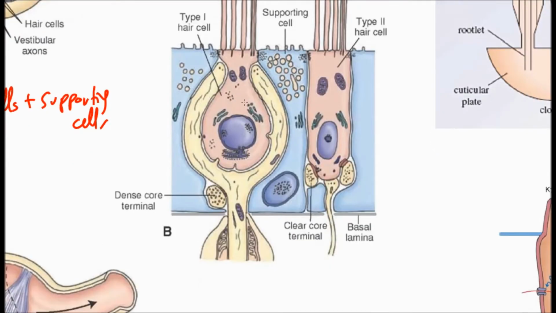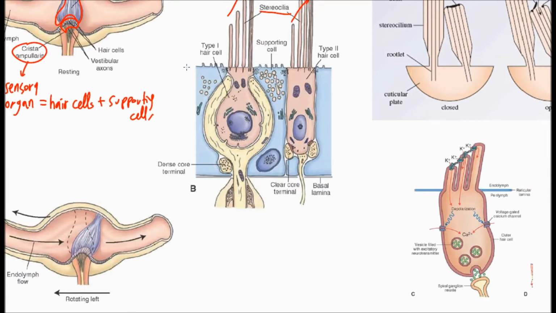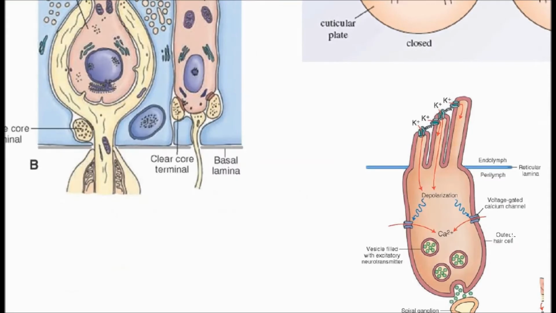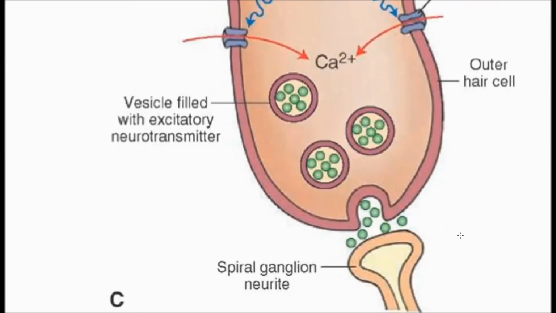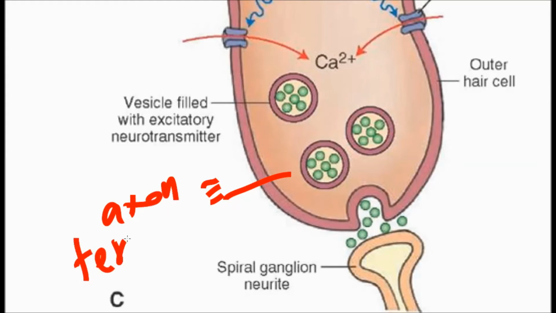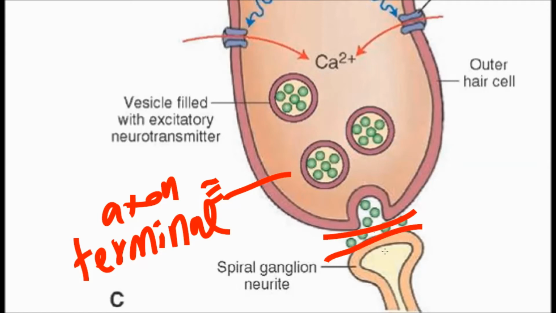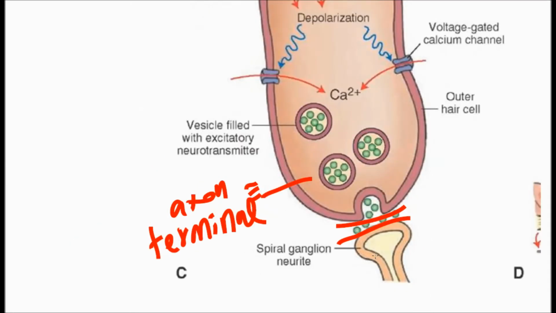It's not shown in this diagram, but at the end of the hair cell is a structure very similar to an axon terminal, in that it can release vesicles and synapses with the neuron next to the hair cell, and this neuron is our cranial nerve number 8, the vestibulocochlear nerve.